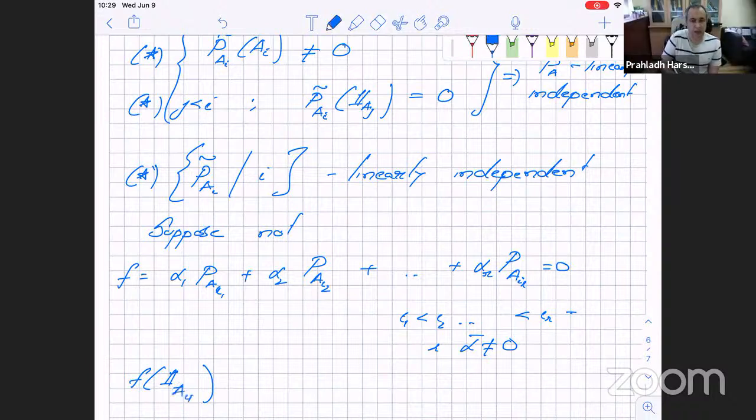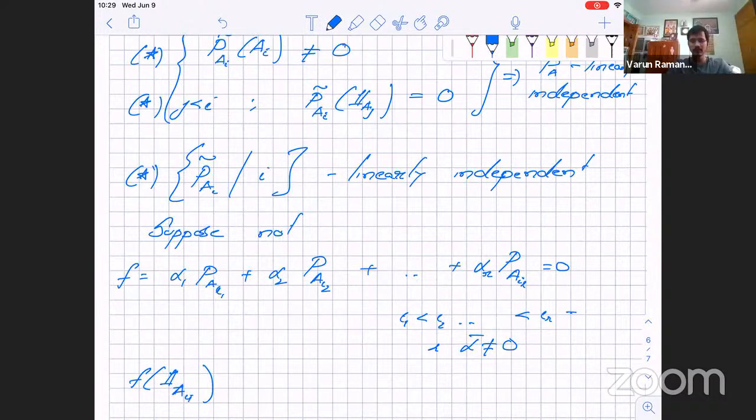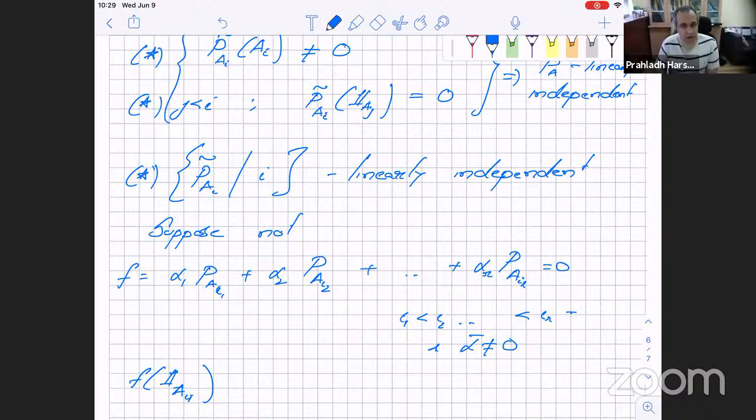Let's look at f of A_i1, f of the indicator of A_i1. When I plug this into this, it will evaluate as 0 for all of these because they are higher up in the order. Only this one will possibly evaluate to non-zero. So this will be equal to just alpha 1 times something non-zero.